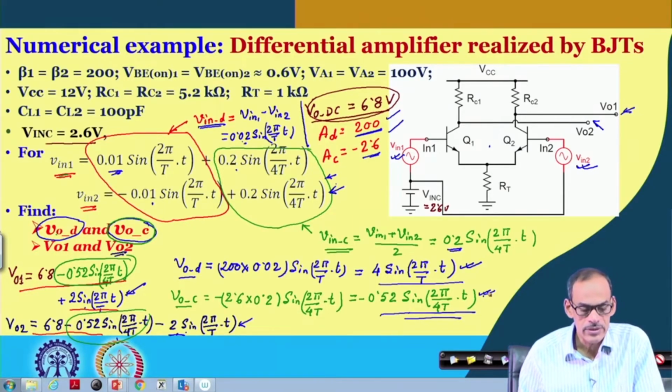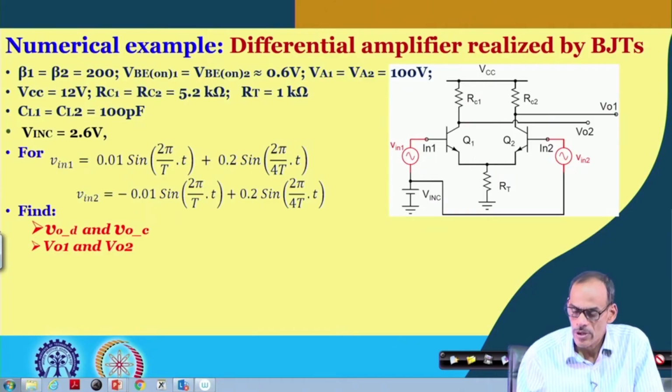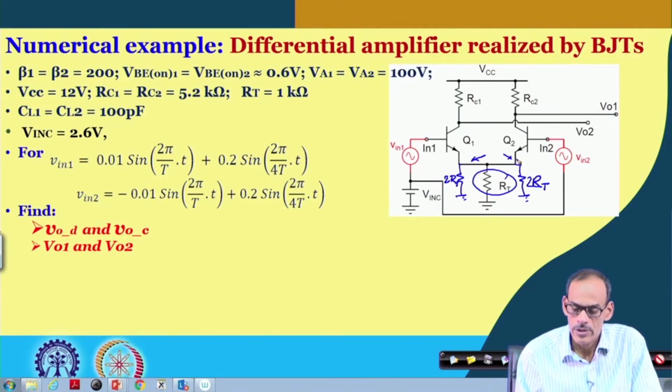Now, next thing is how the common mode and differential mode signals get propagated. You may recall in the analysis we used to split this resistor into two parts, this 2 RT and this 2 RT, and we used to see that the signal here and the signal here propagated differently for the common mode part and the differential part.